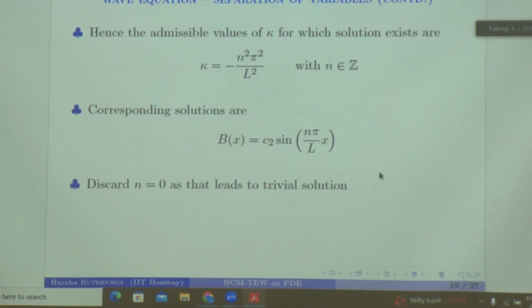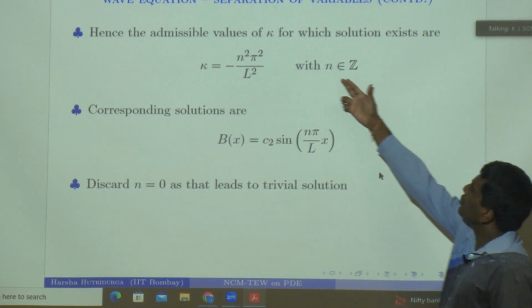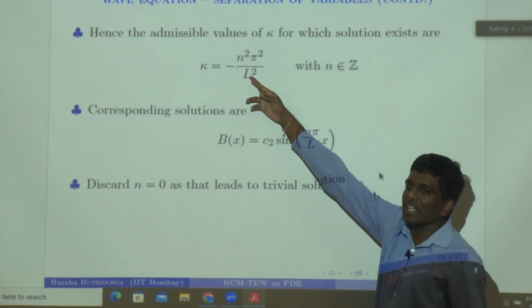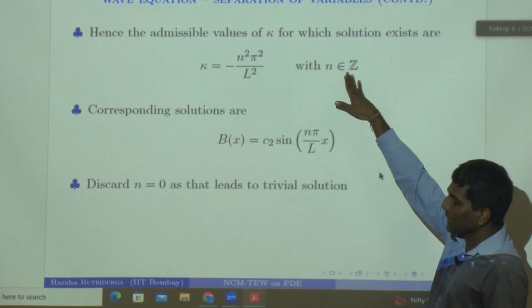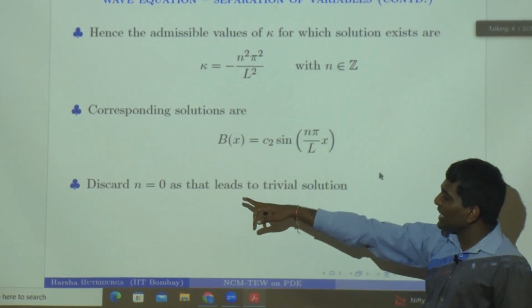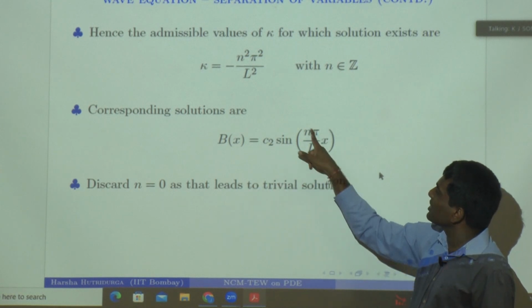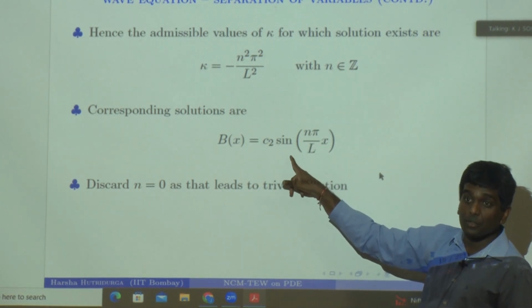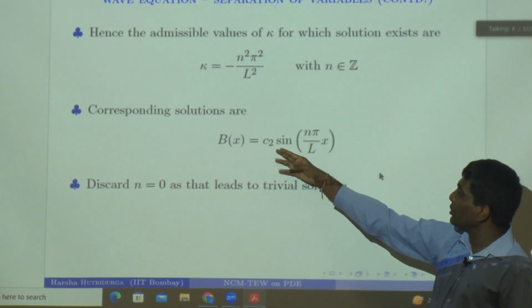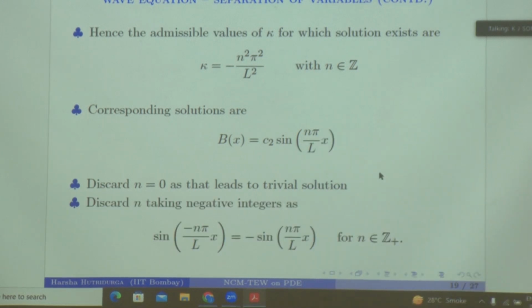Now we are going to disregard n equal to 0. We will discard n equal to 0 because the solution holds for any integer n, but there you will get a trivial solution again. When I take n equal to 0, I get 0, so I'll discard that.